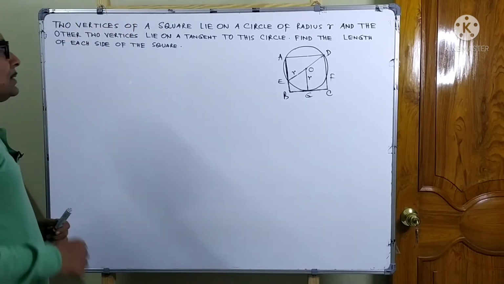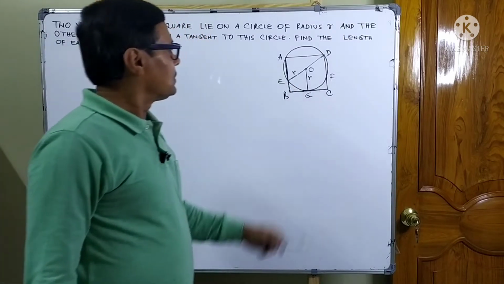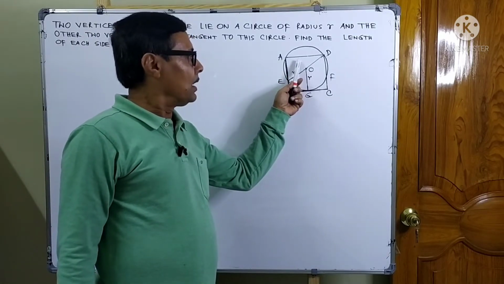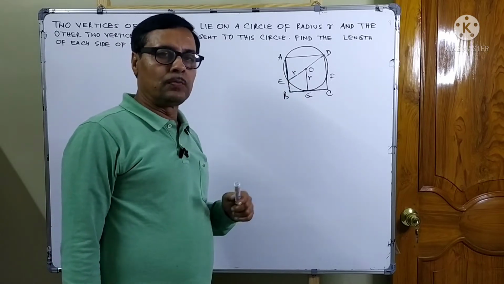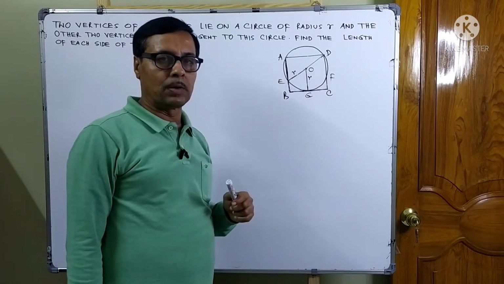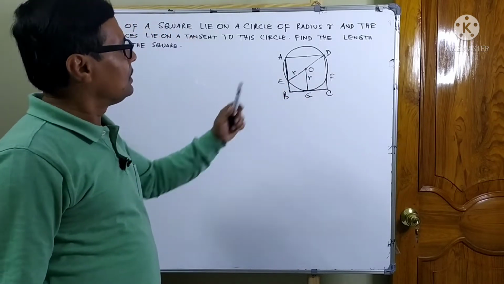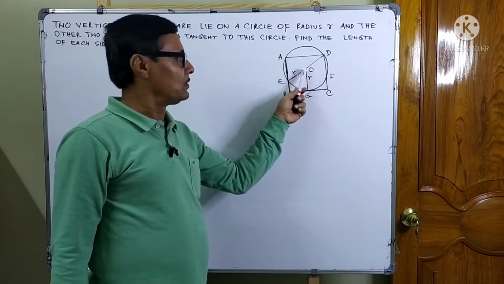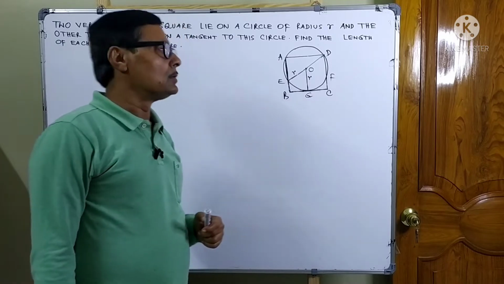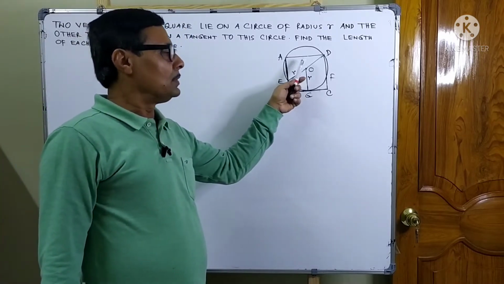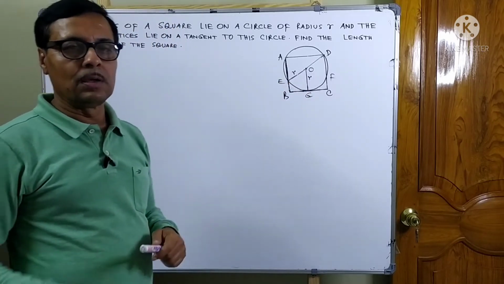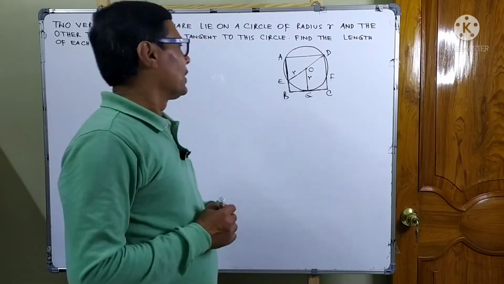Now we can say that the sum of the areas of right angle triangle and the two trapeziums is equal to the area of the entire square, because this square is formed by this right angle triangle and these two trapeziums. So, sum of the areas of this right angle triangle and these two trapeziums is equal to the area of the entire square.